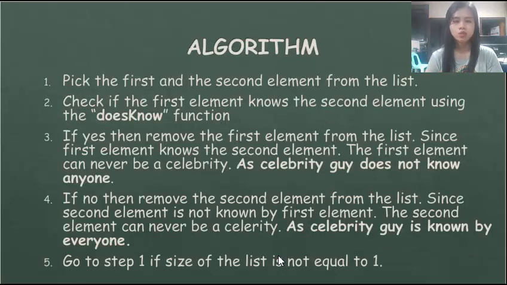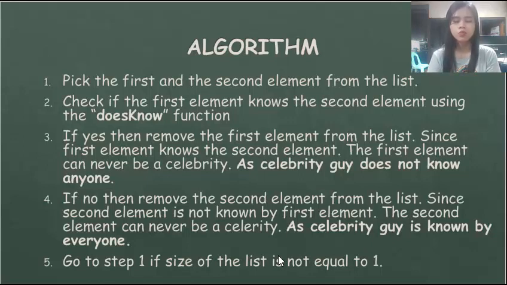The algorithm to solve the problem is, first, pick the first and the second element from the list. Second, check if the first element knows the second element using the doesKnow function. If yes, then remove the first element from the list, since the first element knows the second element, so the first element can never be a celebrity.